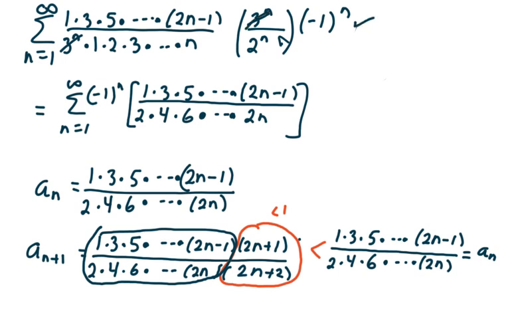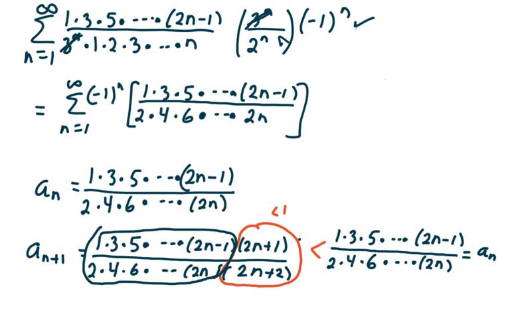The 3 to the n's are going to cancel. And what we have left is the summation from n equal 1 to infinity of 1 times 3 times 5 all the way through until 2n minus 1 divided by 2 times 4 times 6 all the way through until 2n. And that's multiplied by negative 1 to the n.